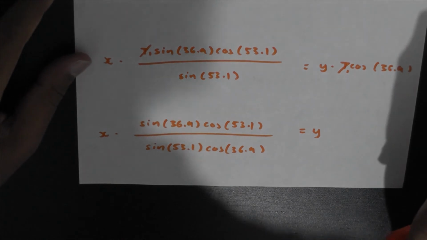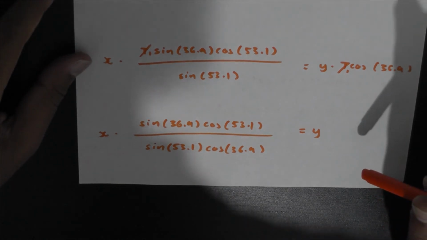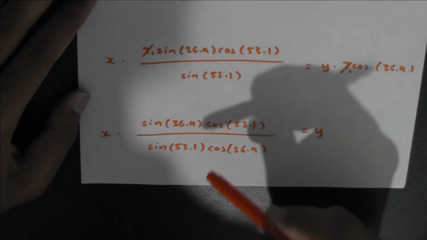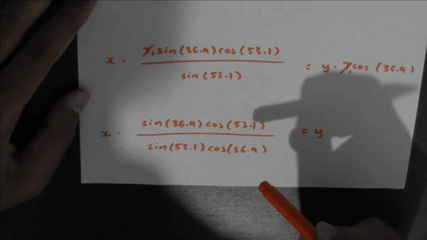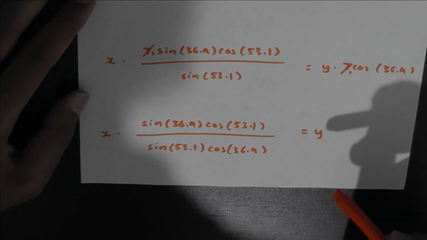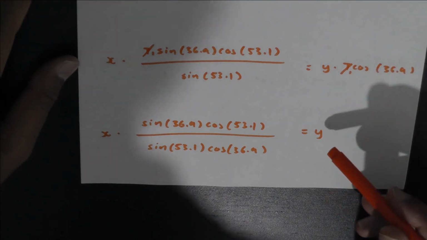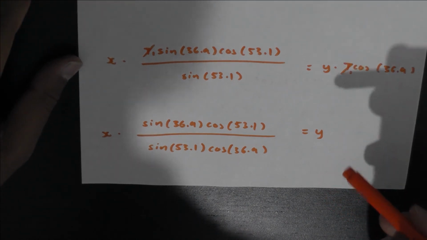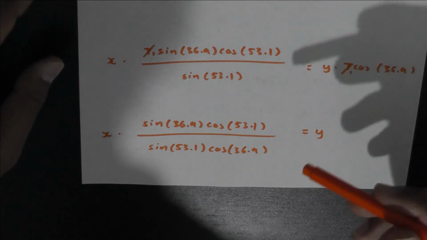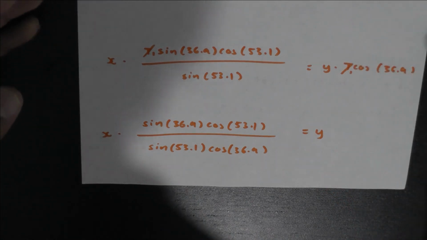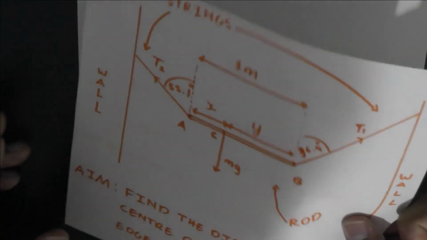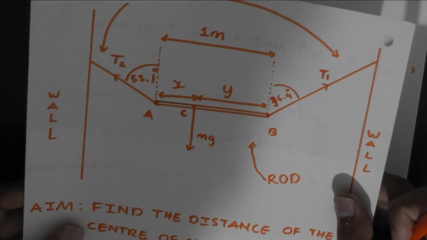So now we have x directly related to y, and y directly in terms of x. Sorry if that was confusing. Now the next stage is to try and get this to become an equation in x. So we can try and figure out a way to solve for x, and then we can get y, and then we can find out which is the closer edge. So we're right near the end, and we can use this diagram in some sort of way to help us with that.